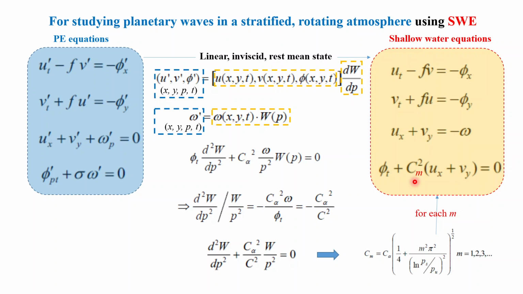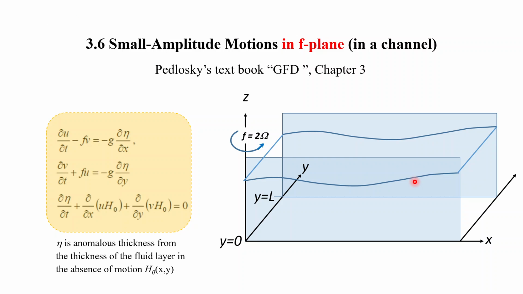And we use the shallow water equation because it's simple and it is possible to solve for analytical solutions. Last time we used the shallow water equation to derive the planetary scale waves in a channel flow.